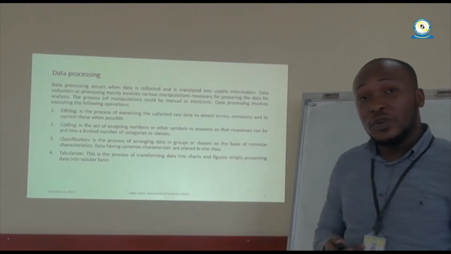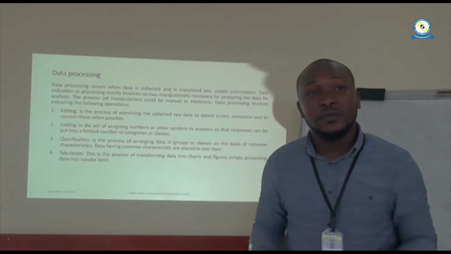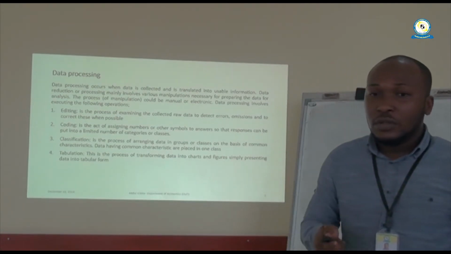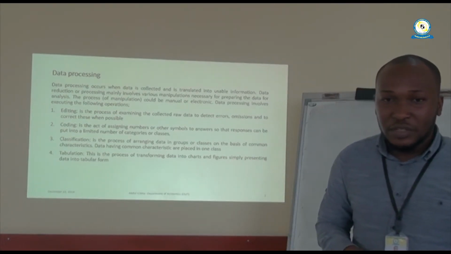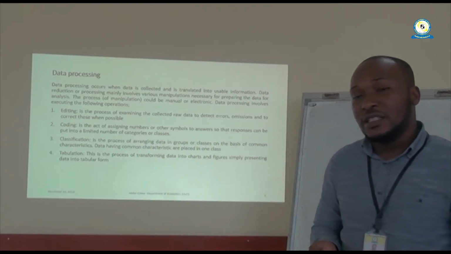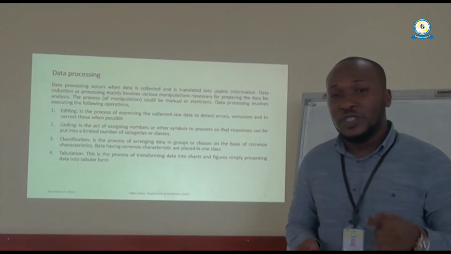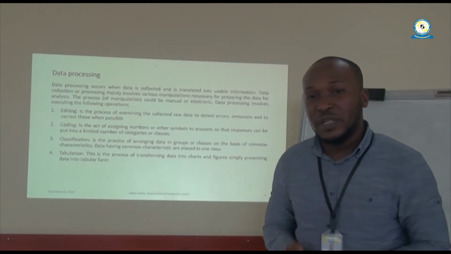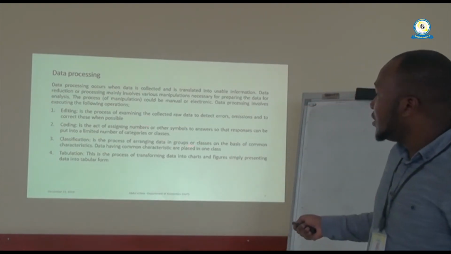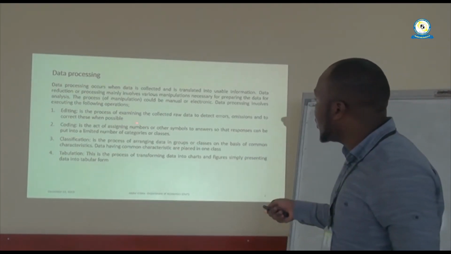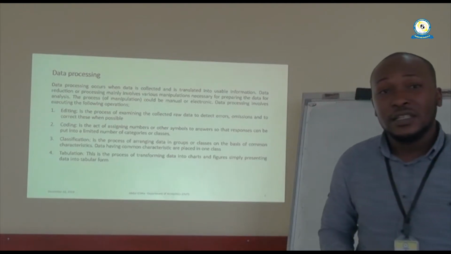Another part of data processing is coding. Now you've got your data, you want to code that. You have to give it meaning. For example, from a questionnaire, you code in case of gender, male and female, 1 means male, 2 means female, so that it can be easily analyzed. You classify data into categories and classes.